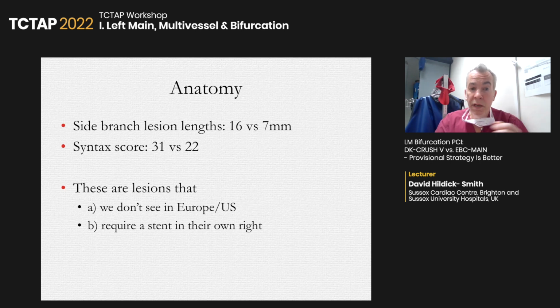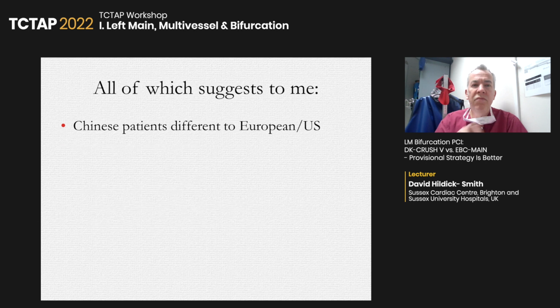The DK CRUSH population, we don't see those in Europe or the US, except rarely. And if something has a side vessel lesion length of 16 to 20 millimeters, that essentially requires a stent in its own right. So it's no surprise that a 2-stent strategy is very much de rigueur in that group.